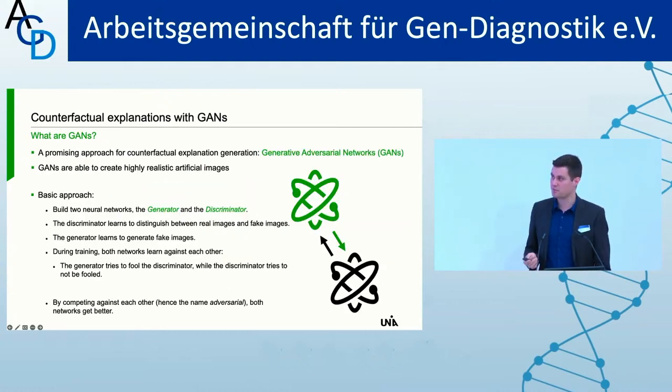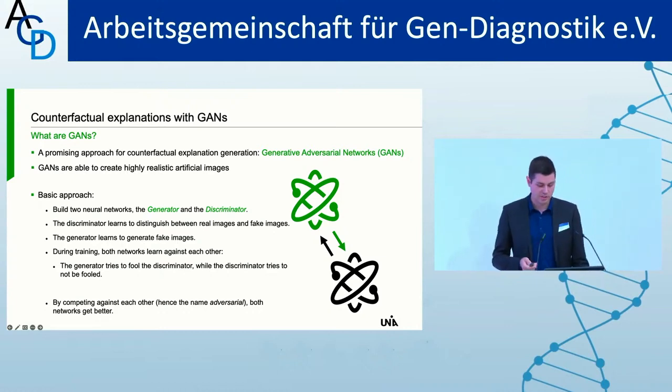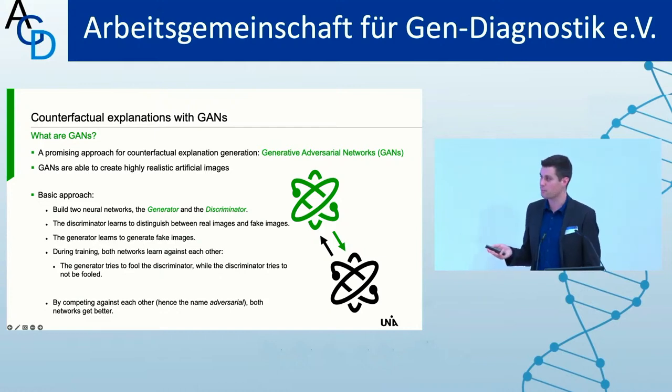Here comes in what we've heard in the previous talk, the counterfactual explanations with GANs, or generative adversarial networks. To give you a short introduction of what GANs are and how they are used, GANs consist of two networks. We have a generator, which uses random noise as an input and tries to generate images that look very realistic.